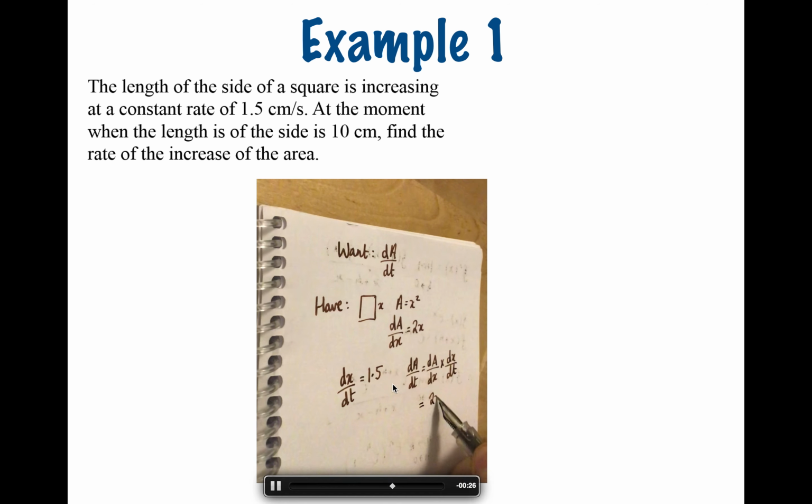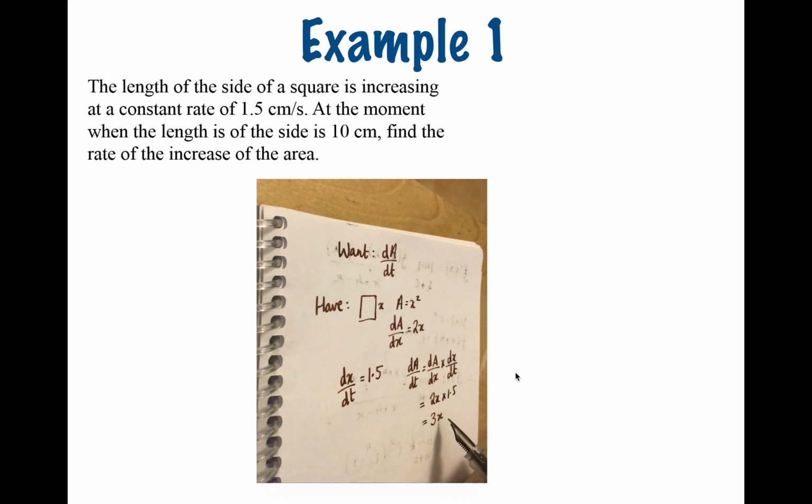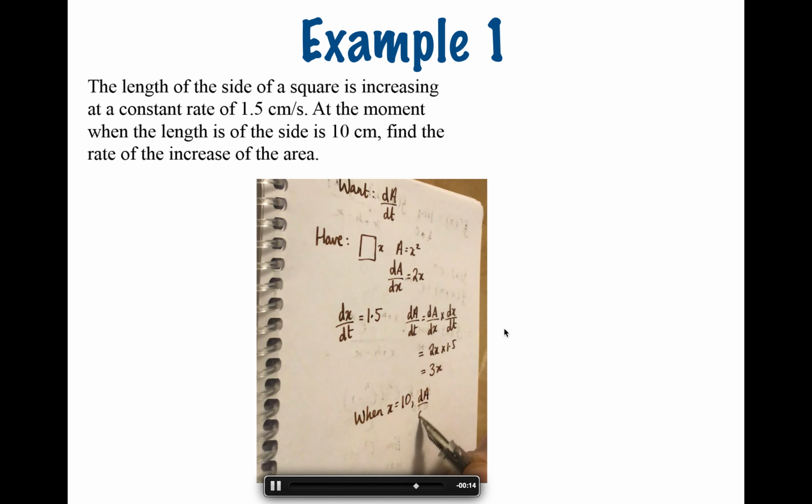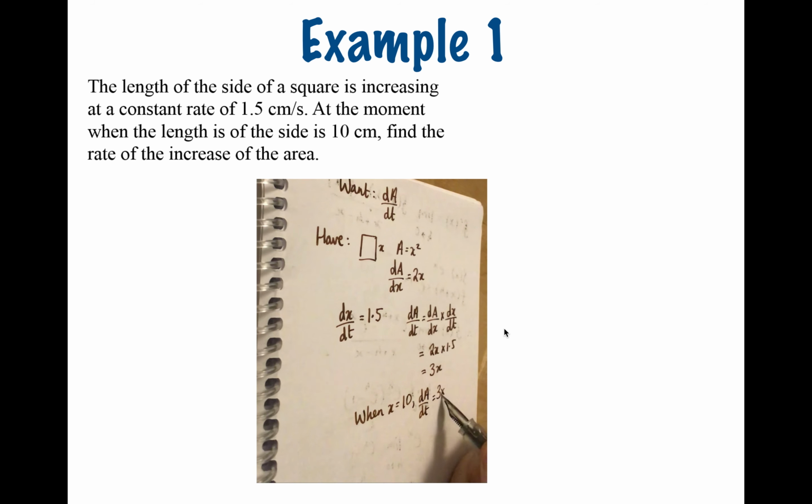This line here in my working is crucial for getting marks. You have to write down how you're using the chain rule and not just jump straight into 2x times 1.5. So write down this line of working. Anyway, I've got dA by dt, it's 3x. I'm told a particular length of side, x is 10, and so I've got 30.